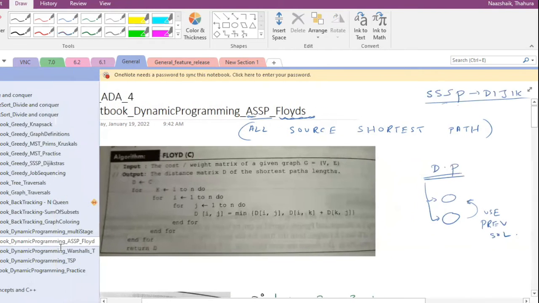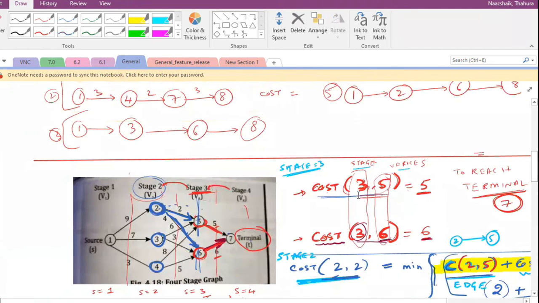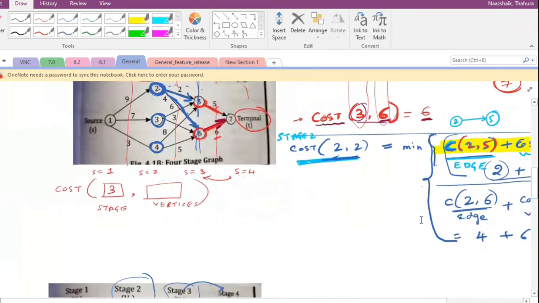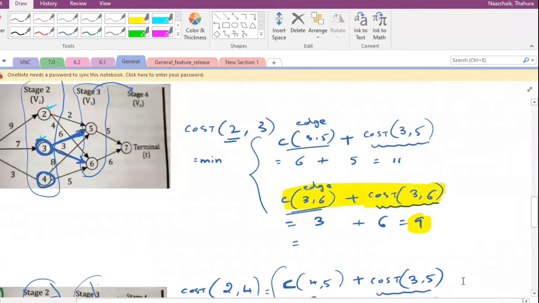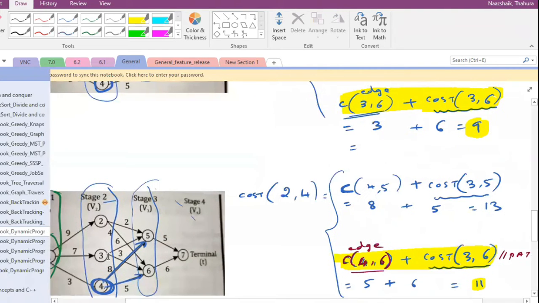In the multi-stage graph, we first computed this cost 3.5, and later, wherever that cost 3.5 came, we reused it. We never computed it again. We reused what was already solved. So that's what happens with dynamic programming.